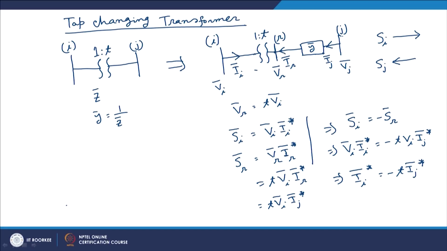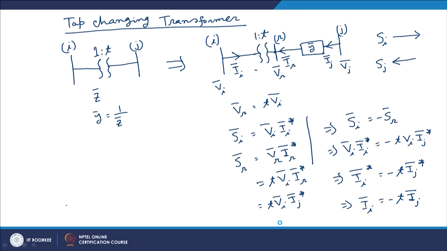Now, because T is a real quantity, I can write that Ii is equal to minus T Ij. Now, what we have to find is the equivalent circuit.